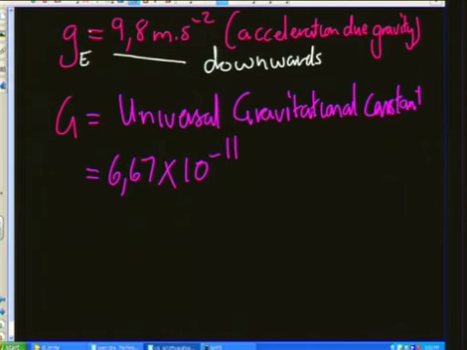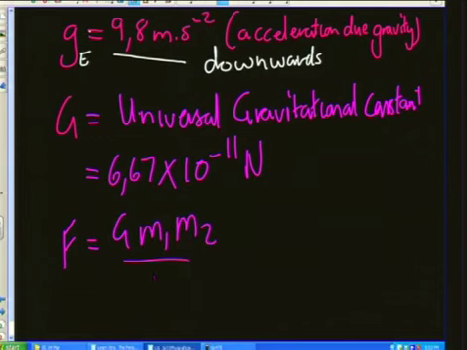And we can work out what the units are, even though they're in the notes. Let's just rewrite the equation. F is equal to G m1 m2 over r squared.